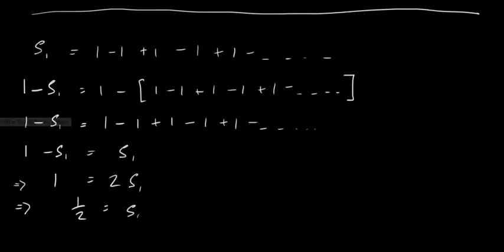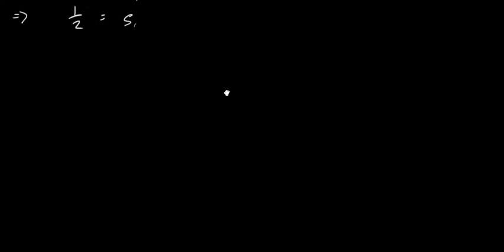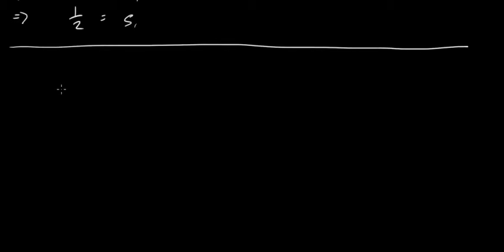Let's have a look at another way. Okay, so let's just write down the series again. So it's S1 is equal to 1 minus 1 plus 1 minus 1 plus 1 minus 1 plus and so on. Now what I'm going to do here really is just have a look at what's called the partial sums first. So let's have a look at these partial sums.